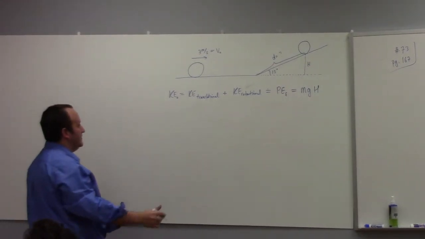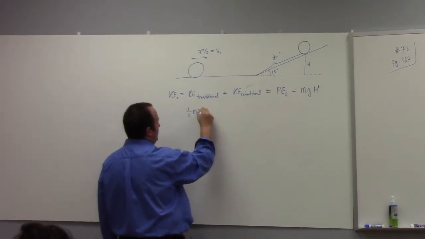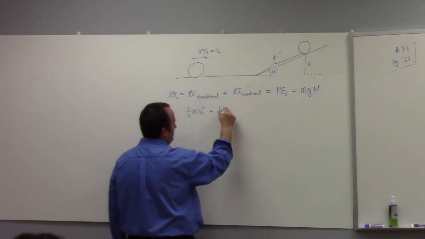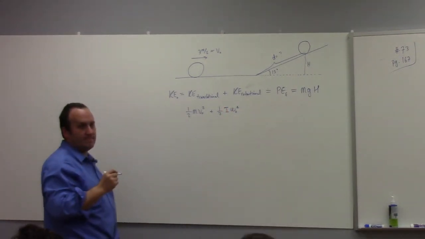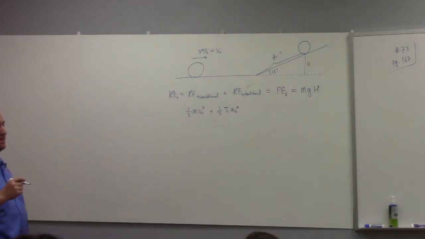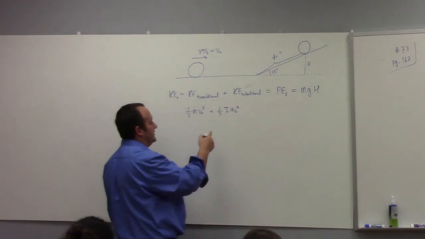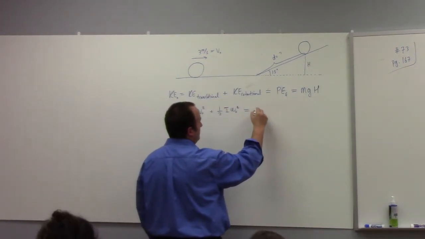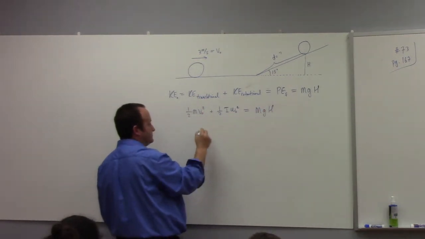So translational is 1/2 m v0 squared. How about rotational? That's 1/2 I omega naught squared. Now, what is the moment of inertia? What's I here?